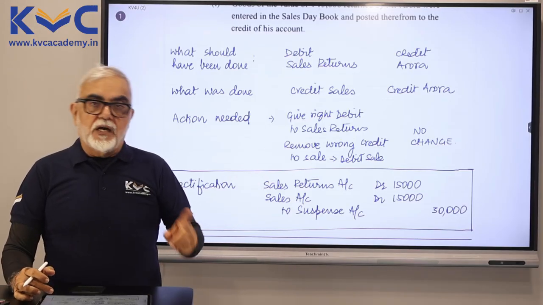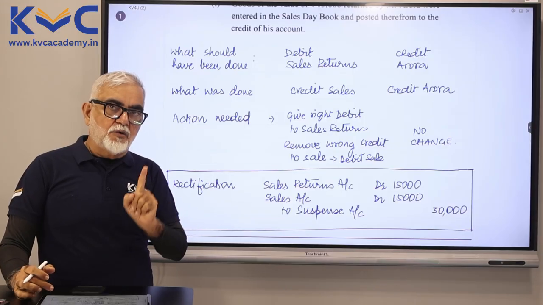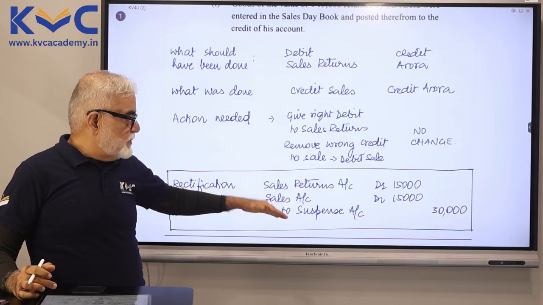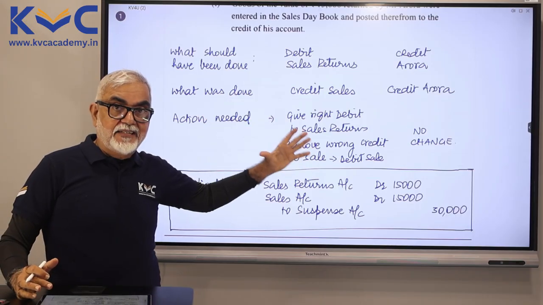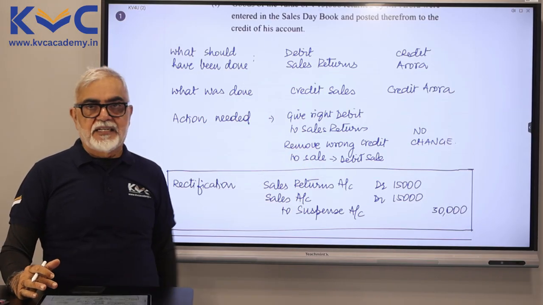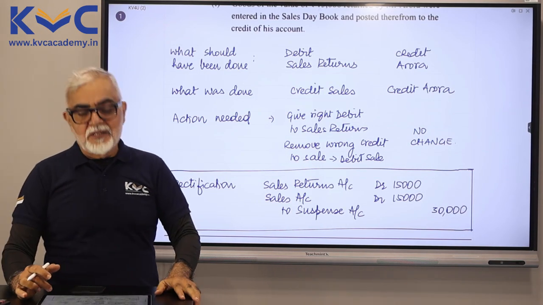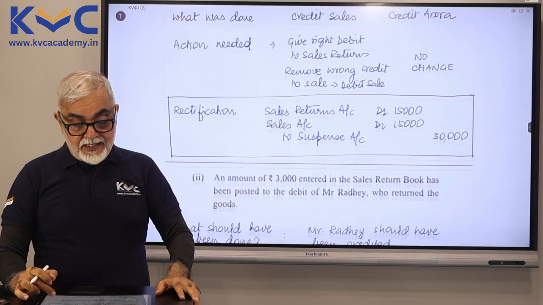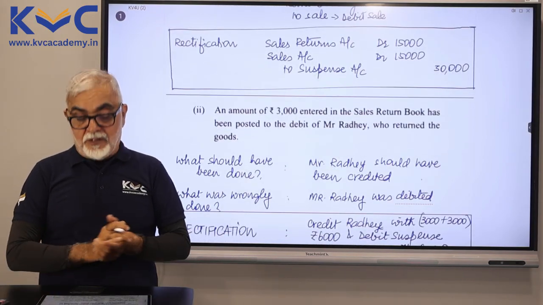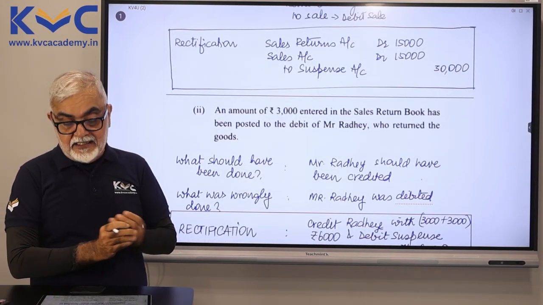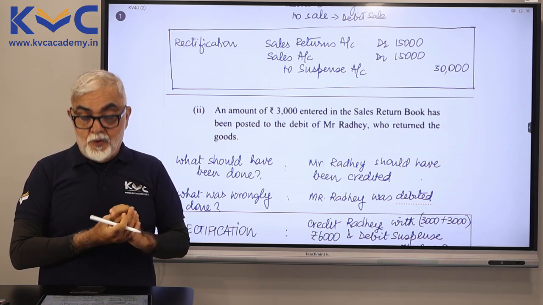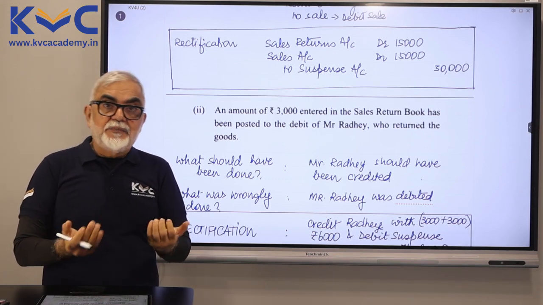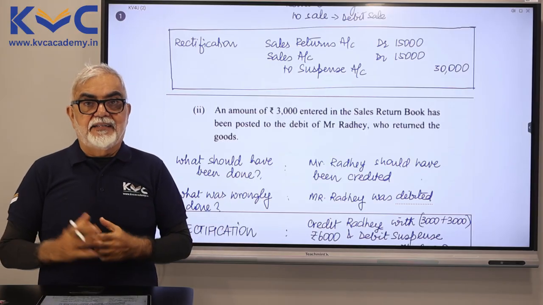Okay? A wrong credit went to sales account, that has been debited. The right debit needs to be given to sales returns account, that also has been debited. The credit goes to suspense account. The next transaction, an amount of 3,000 entered in the sales returns book has been posted to the debtor Mr. Radhe, who has returned the goods. When a customer returns goods, you credit the giver, no?